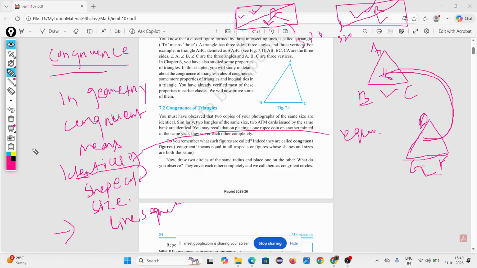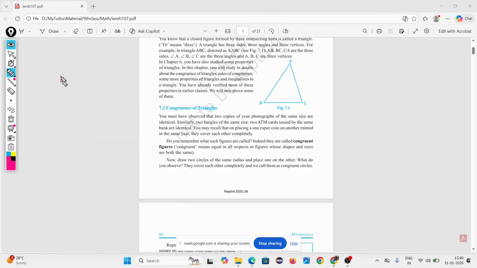Line segments, angles, and any other figures also have congruency. Then we use this symbol to show congruent to each other. Congruent exactly means equal, identical.